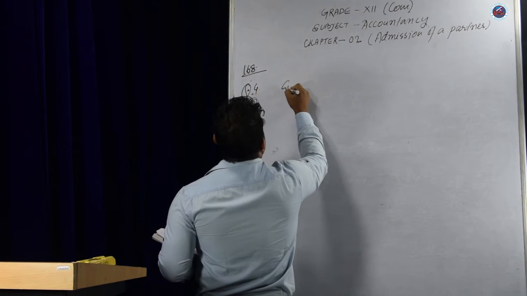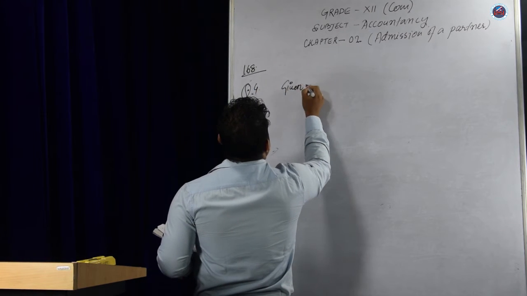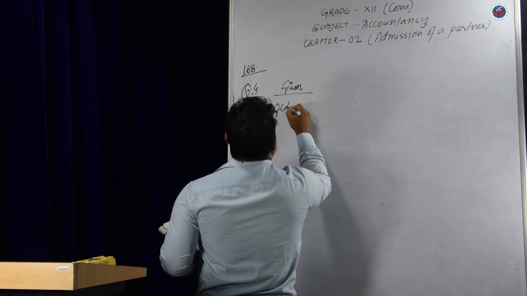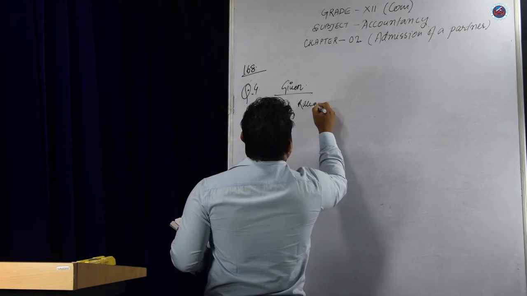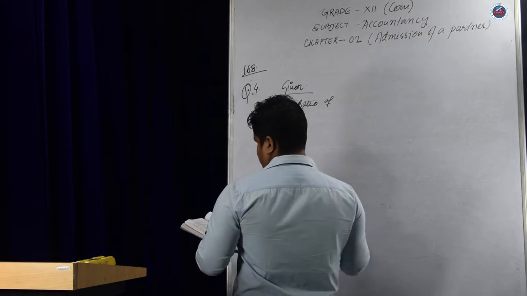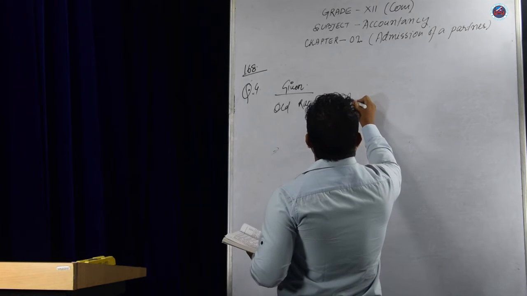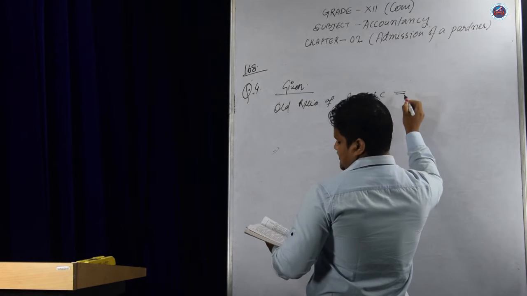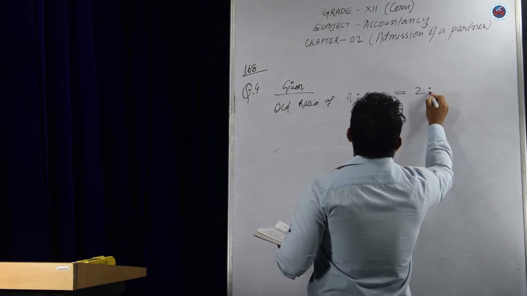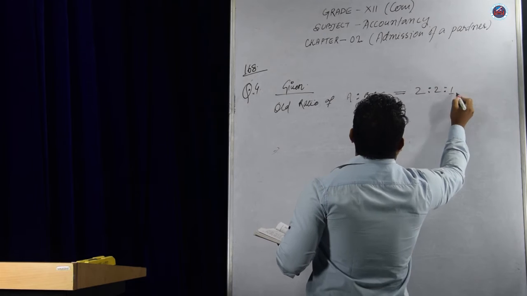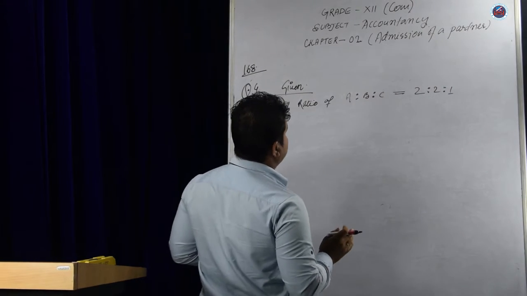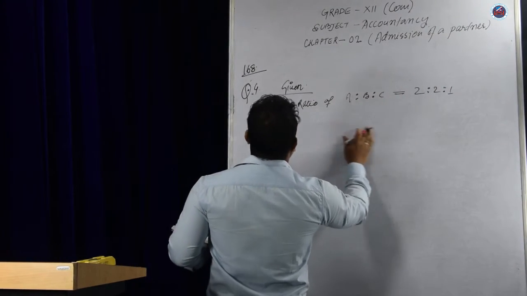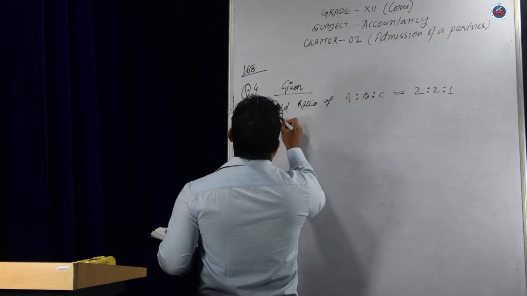So the old ratio of A is to B is to C is given as 2 is to 1. Now, who is the new partner? D is the new partner.